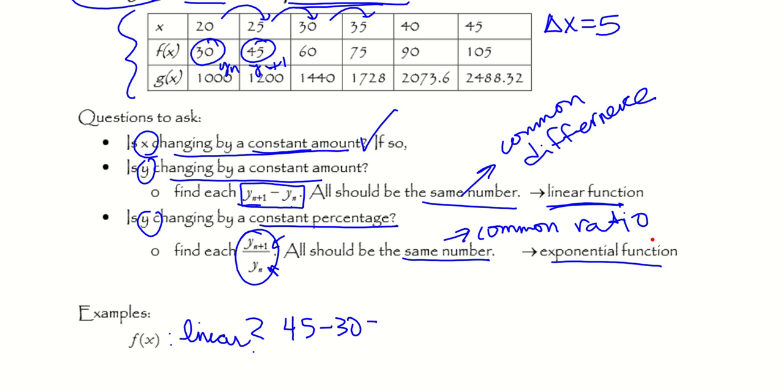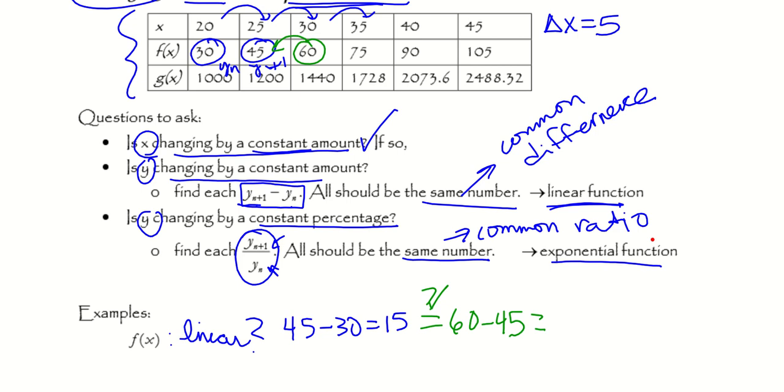Well, 45 minus 30 is 15. That alone isn't enough to determine that the function is linear. All differences between one y and its previous y should also be equal to 15. So we go on and ask, does that equal what we get when we take the next y, 60, and subtract its previous y? Is 60 minus 45 equal to 15? Well, yeah, it is.